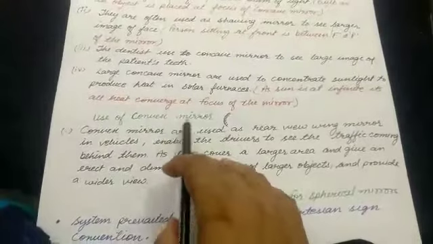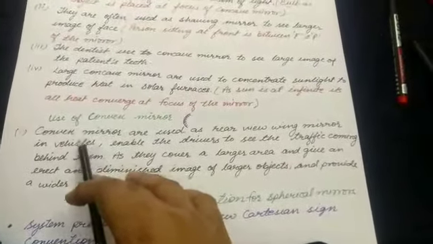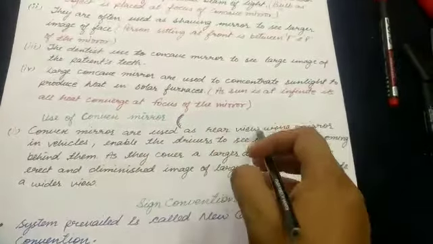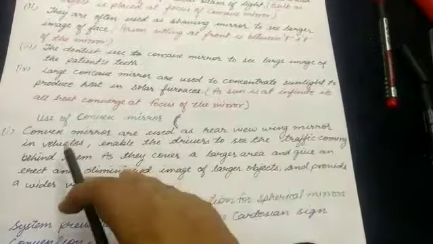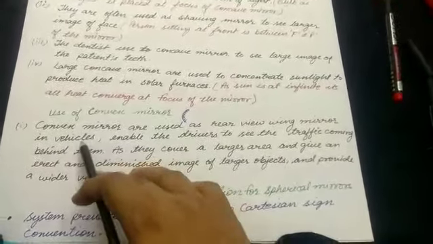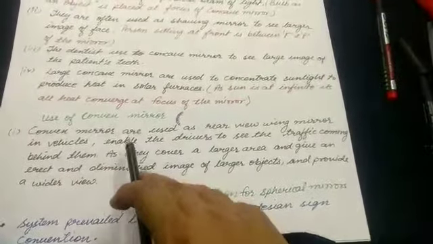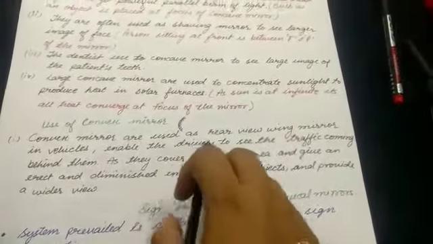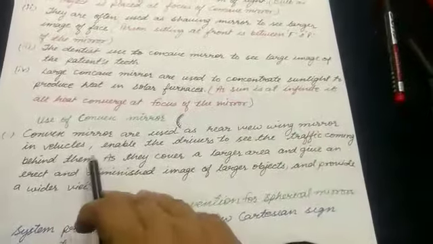Now what is the use of convex mirror? Convex mirrors are used as rear view wing mirrors in our vehicles. In our vehicles, you know, on both sides, two wing mirrors are placed. Those are convex mirrors. They enable the driver to see the traffic coming behind them.